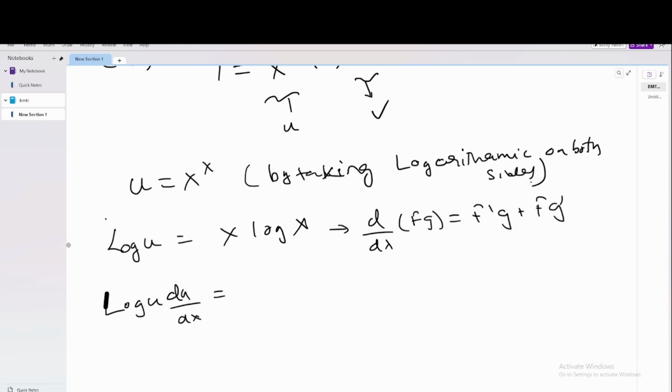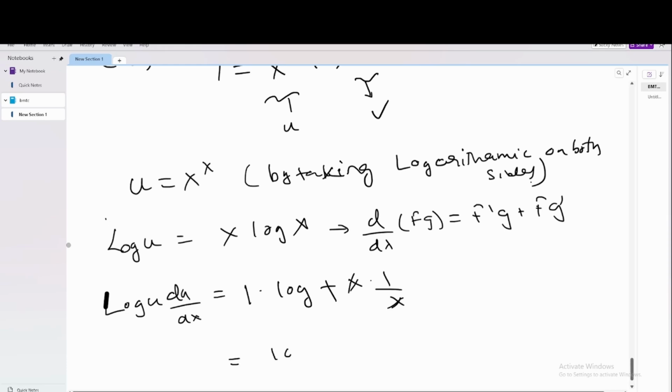So derivative of x is 1, into log x, plus x into derivative of log x, which is 1 by x, will be 1.